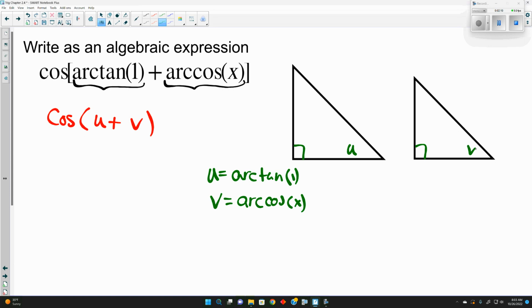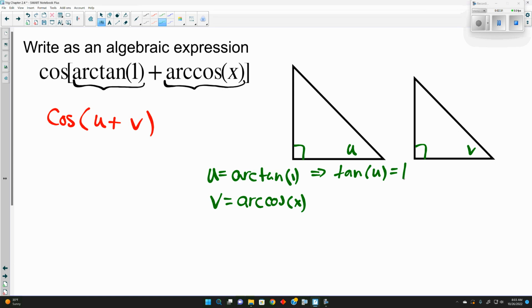And the reason we're coming back to this is, if we take U is equal to arctangent, which is really just tangent inverse, what this is also saying is that tangent of angle U is equal to 1.